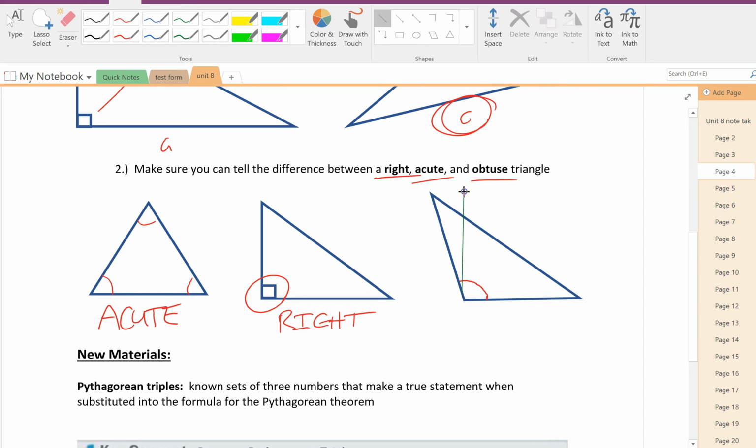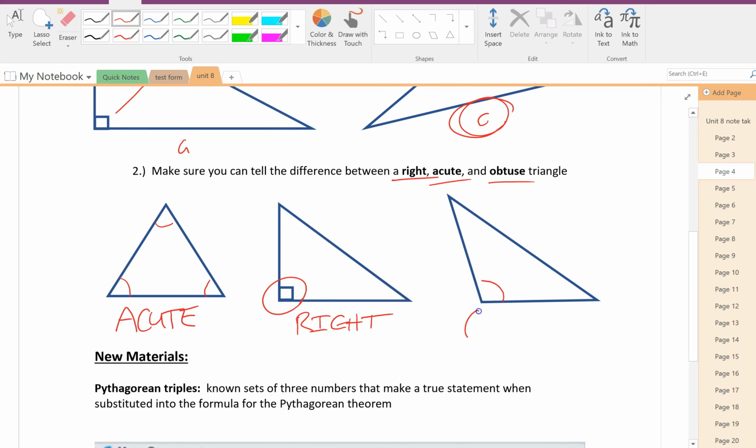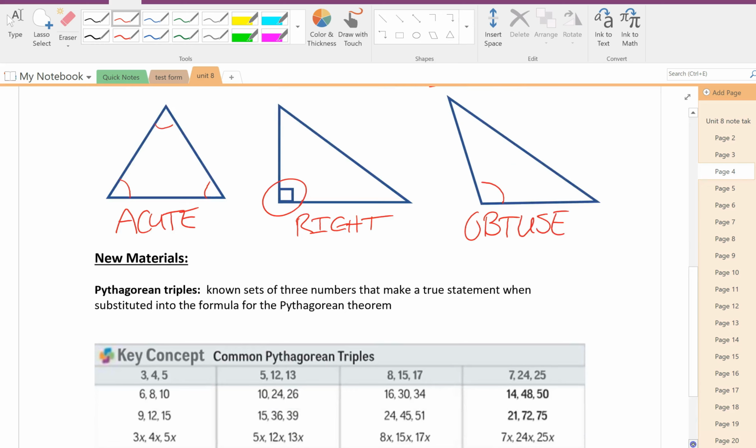The corner of the paper would go straight up like that if this was exactly a right angle, but it's bigger than that. That means this angle in the lower left-hand corner is obtuse, greater than 90 degrees. And so whenever you have a triangle with an angle that's greater than 90 degrees, it's an obtuse triangle.